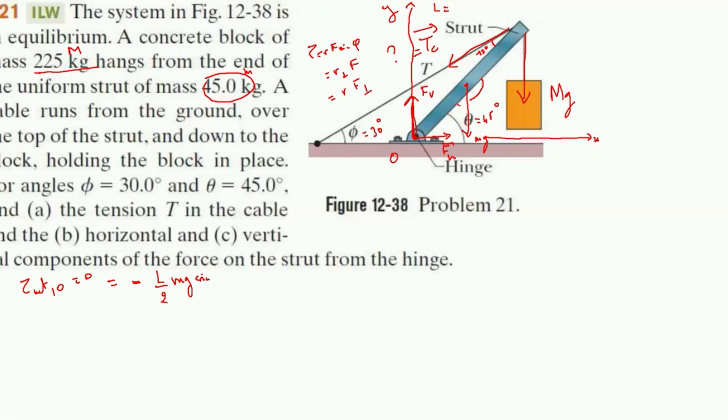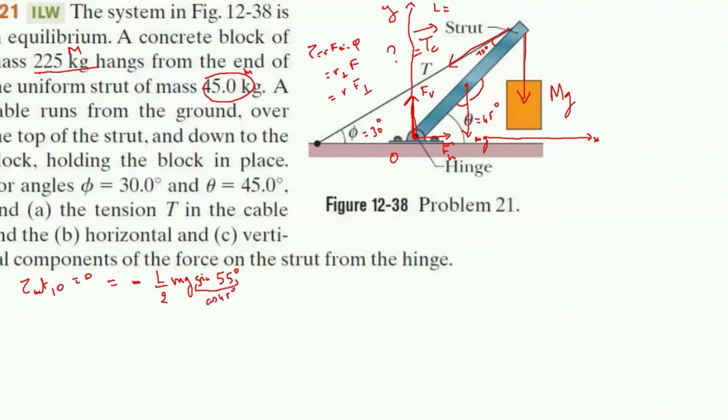And by the way, this angle is 55 because this angle is 45, right? So I will have sine 55 degrees. And again, sine 55 degrees is equal to cosine 45 degrees because these angles are complementary.